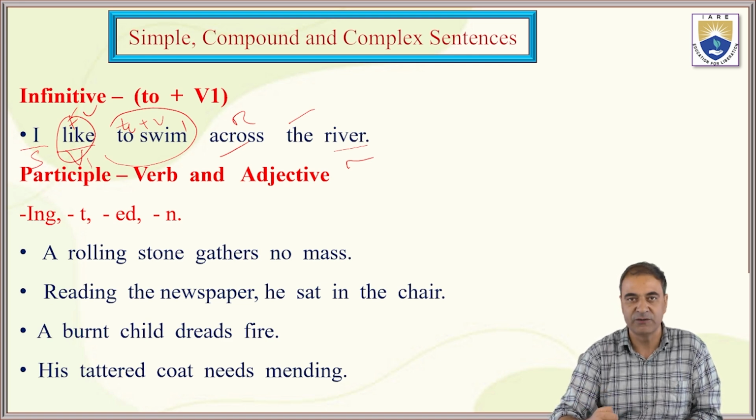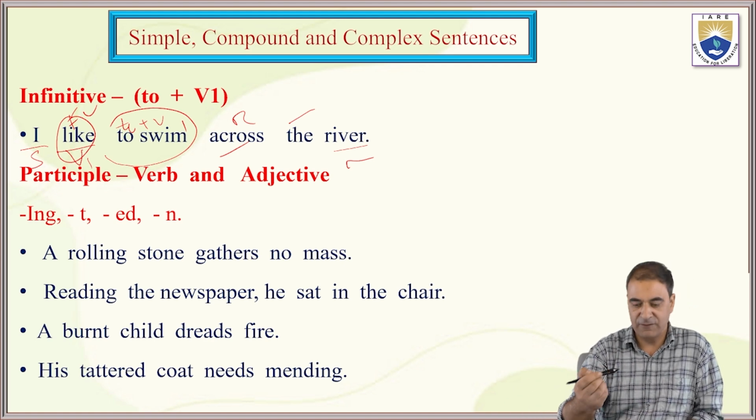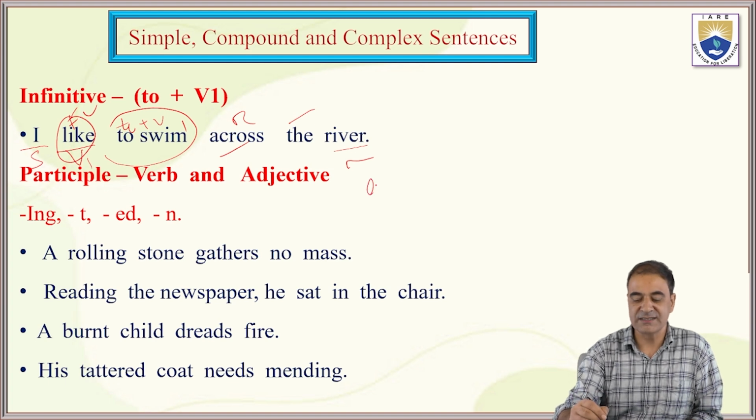It doesn't show time of an action. In fact, it will not change if you change the subject, or the number of the subject, the gender of the subject, the person of the subject, or if you change the tense of the sentence. For example, if I change the tense, I will make it a future tense. I will like to swim across the river.